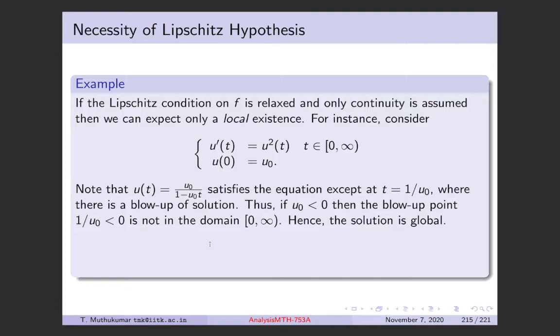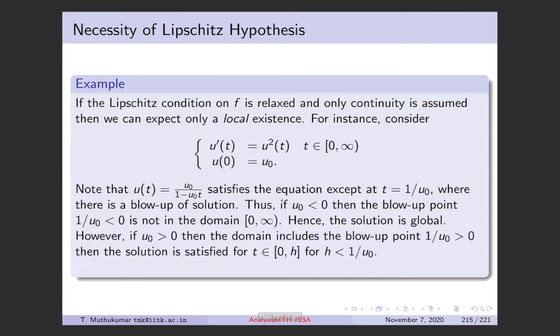Whereas if u naught is positive, then 1 over u naught belongs to the domain of this u, and hence there is a blow up of the solution at t equal to 1 over u naught. So you don't have a global solution, you have a solution for all h which is strictly less than 1 over u naught.